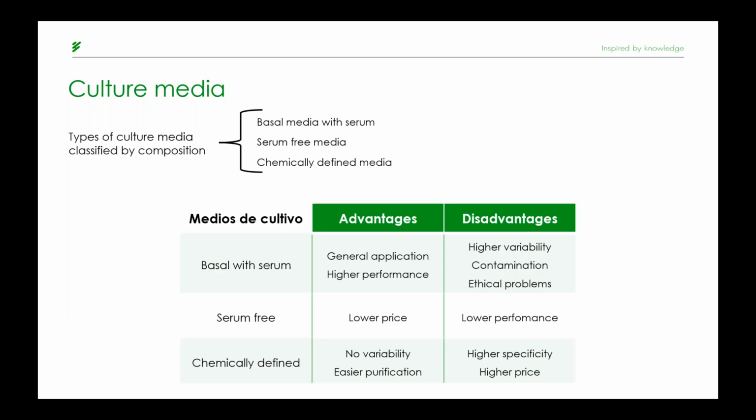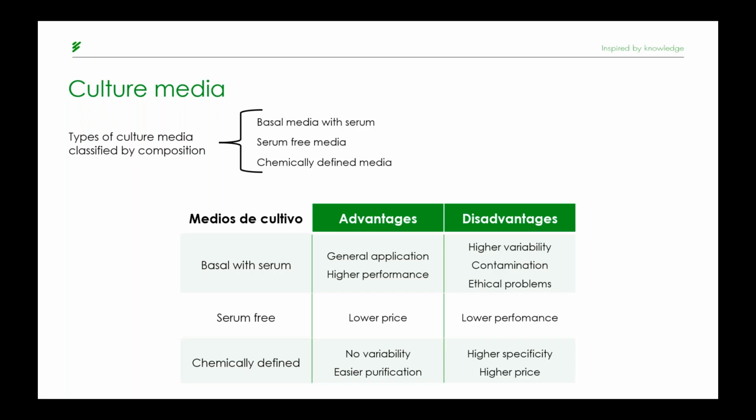There are many kinds of culture media, and they can be used one or the other depending on the cell type, and also depending on the metabolism, the product of interest you want to produce.